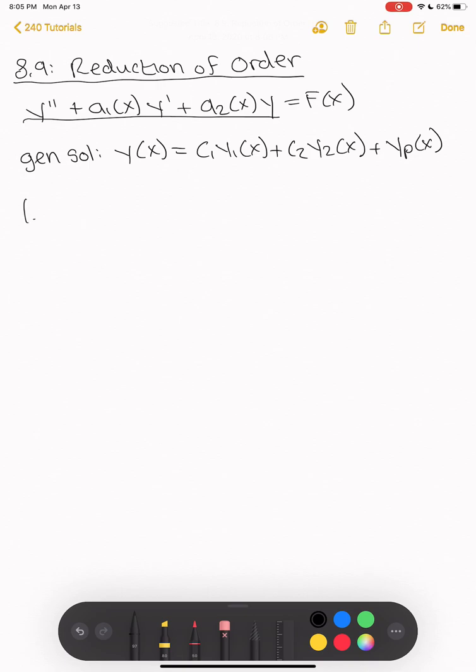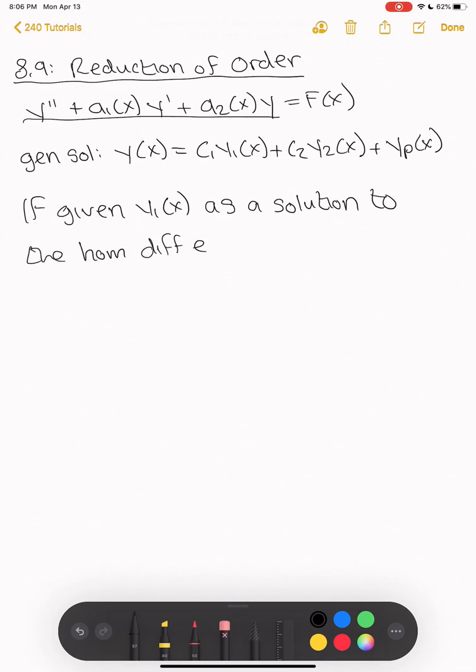So given y1 of x as a solution to the homogeneous differential equation, so I just set f of x equal to 0, are you able to tell me the rest of the solutions? Can you tell me what y2 is going to be? And can you tell me what my particular solution is going to be?